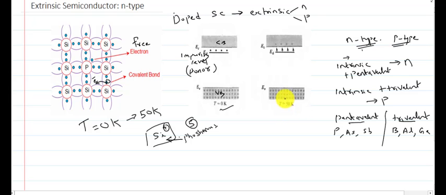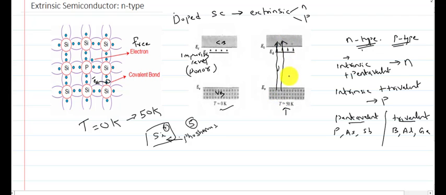So if we increase the temperature, more free electrons will be generated and some minority carrier holes will be generated. This is shown in the next figure. If we increase the temperature from 0 Kelvin to 50 Kelvin, first the electrons in the ED energy level, closer to the conduction band, will be excited to the conduction band. If we keep on increasing the temperature, more electrons will be excited from the valence band also.